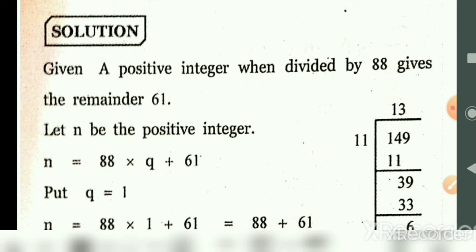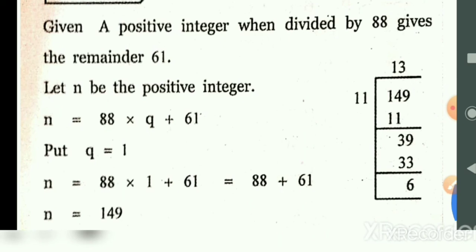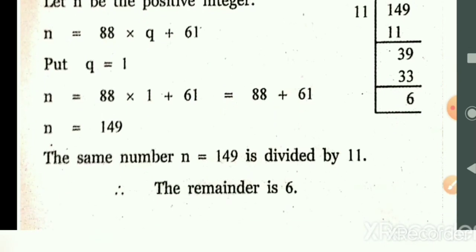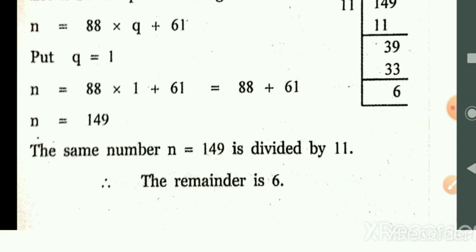Let n be the positive integer. n is the dividend, the divisor is 88, q is the quotient, and the remainder is given as 61. We can take q equal to 1, 2 or any value. Now we take q is equal to 1. So 88 into 1 plus 61 is equal to 149. 149 divided by 11 gives the remainder 6. So we get the remainder is 6.